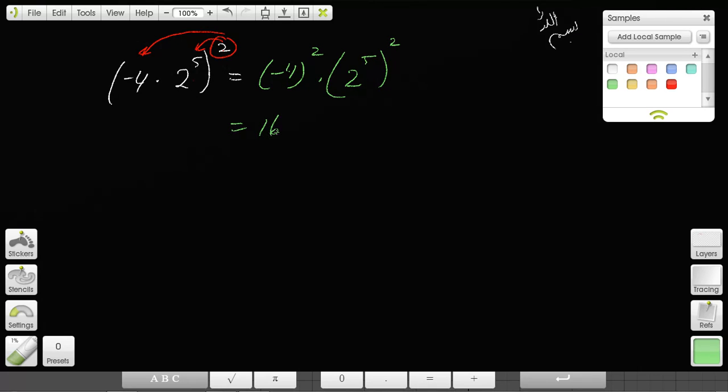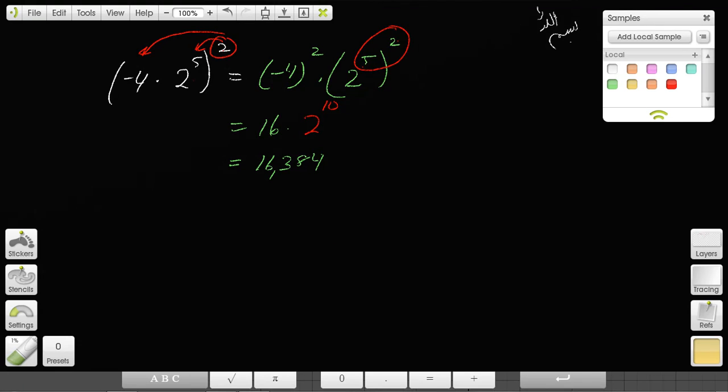Negative 4 squared is 16 times. Now this one, what property is that? Power of a power property. So that's 2 to the 10th. So this is 16 times 2 to the 10th, and if you do that in a calculator, it's 16,384. I did that one visually by looking at the book.